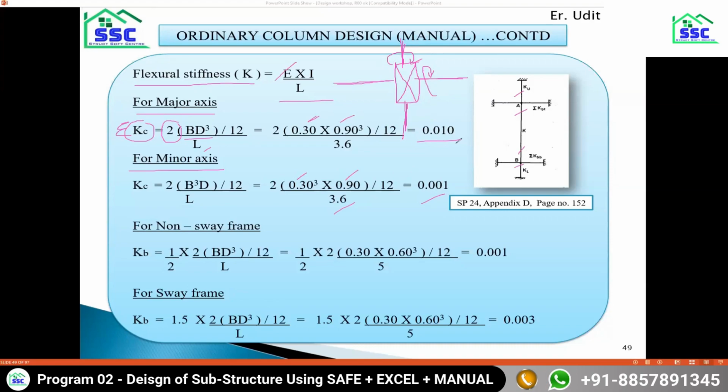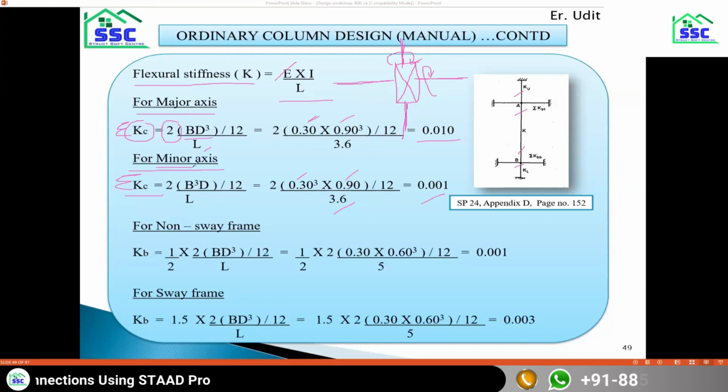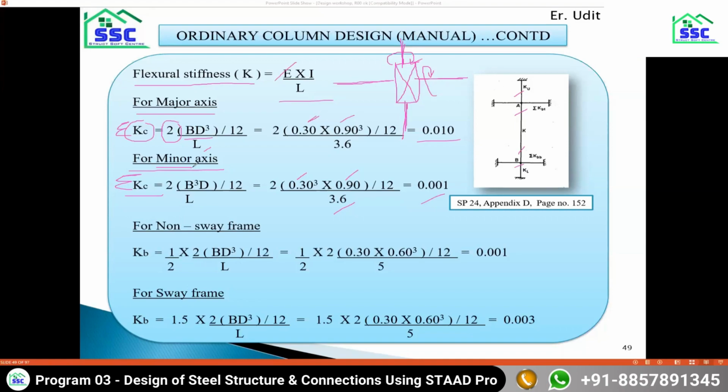This is 0.010, this is 0.001. So this is my summation Kc along the minor axis. Now, for the column, my friends, we have to find out the stiffness in the major direction and in the minor direction.